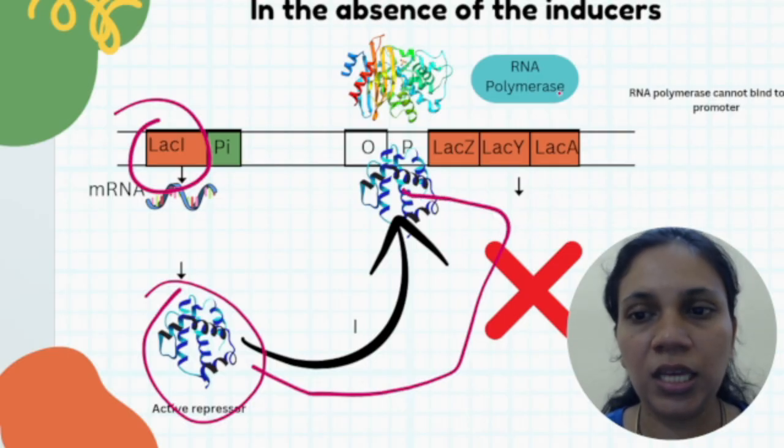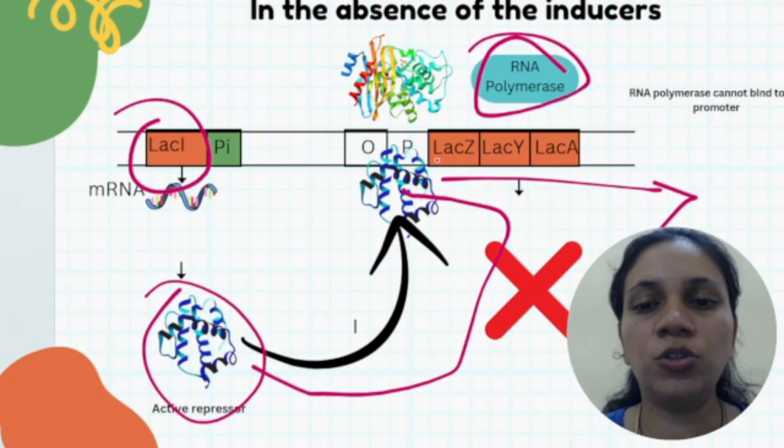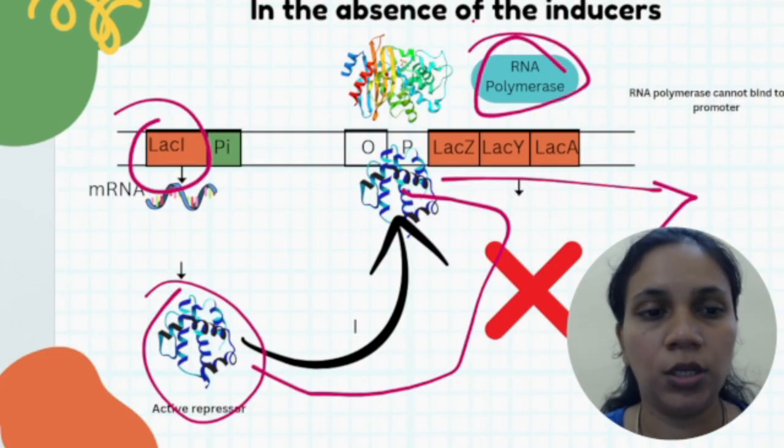Because of this, the RNA polymerase enzyme cannot bind to the promoter, and as a result the transcription of the structural genes is blocked. So this is how the Lac Operon operates when there are no inducers. This point we have to remember.